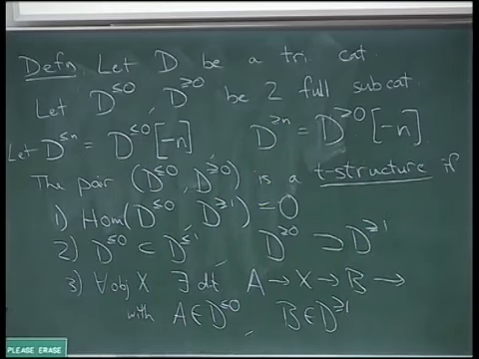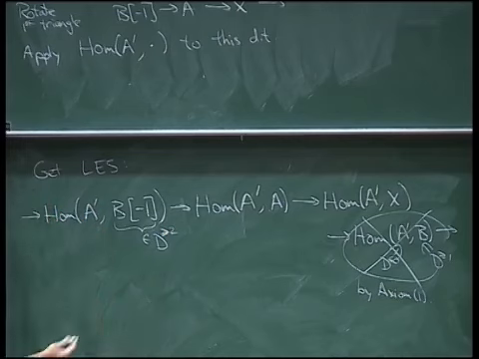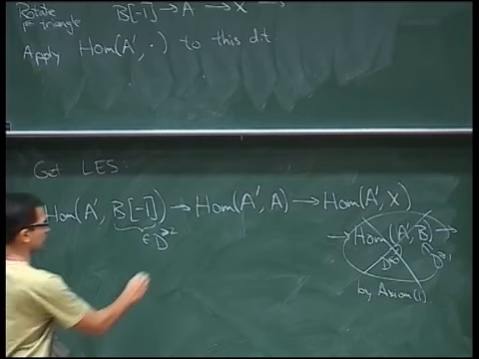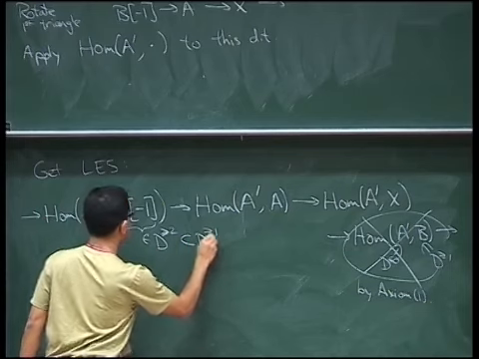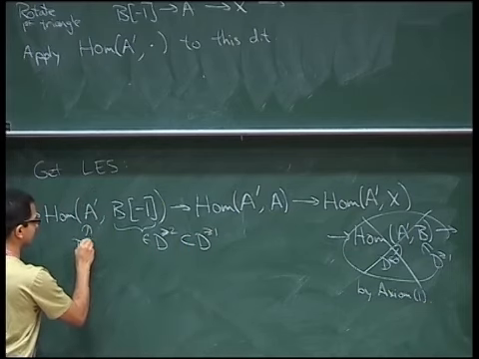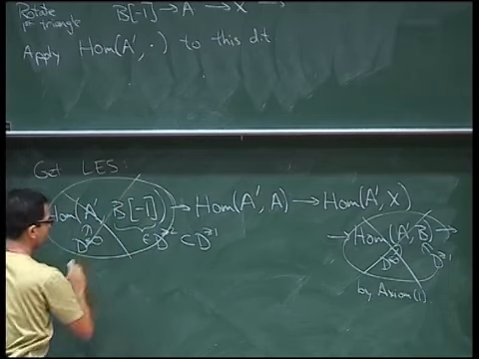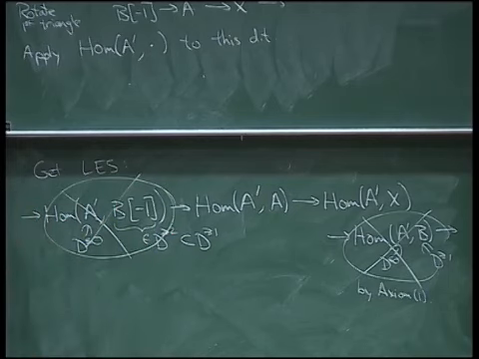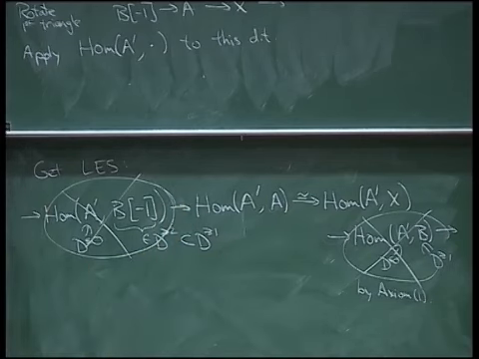So this is actually in D greater than or equal to 2, which is contained in D greater than or equal to 1, according to axiom 2. And A prime is still in D less than or equal to 0, so this first Hom group vanishes for the same reason. And that means that these two are isomorphic.